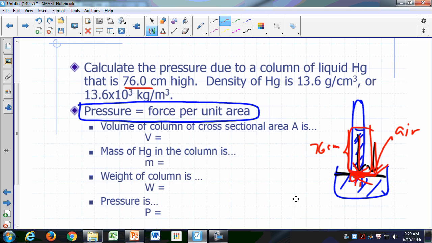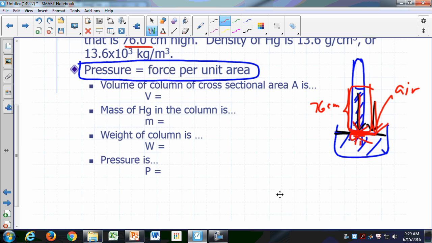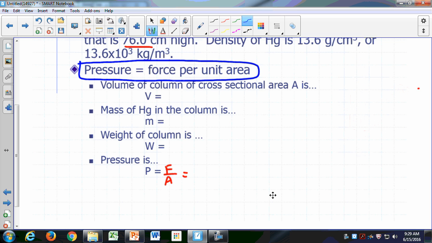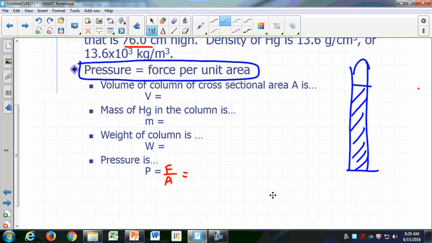So what's our definition of pressure? It's force per unit area, right? Here's your column of mercury, 76 centimeters high.